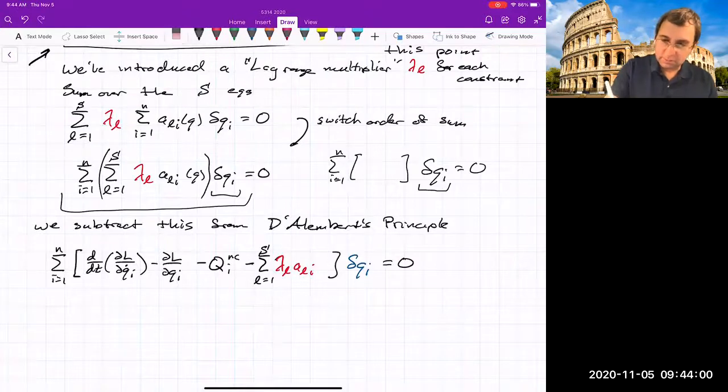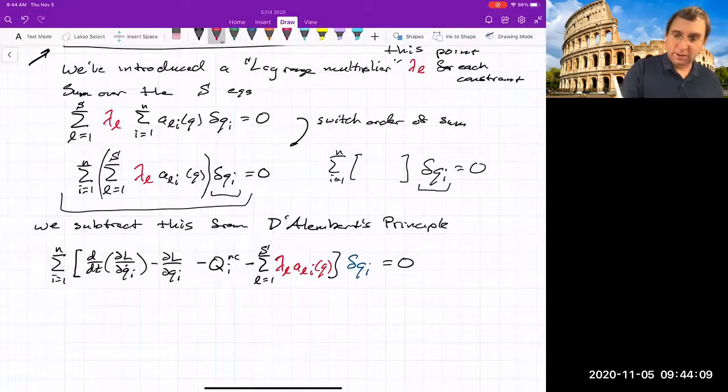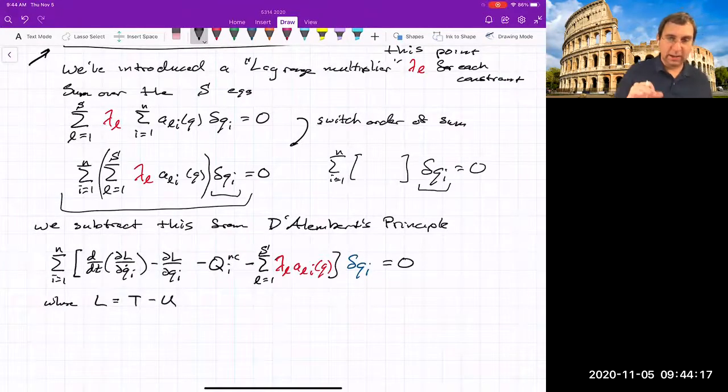Here the Lagrangian is the kinetic minus potential energy, and it's unconstrained. That means in writing the Lagrangian, we haven't imposed the constraints.